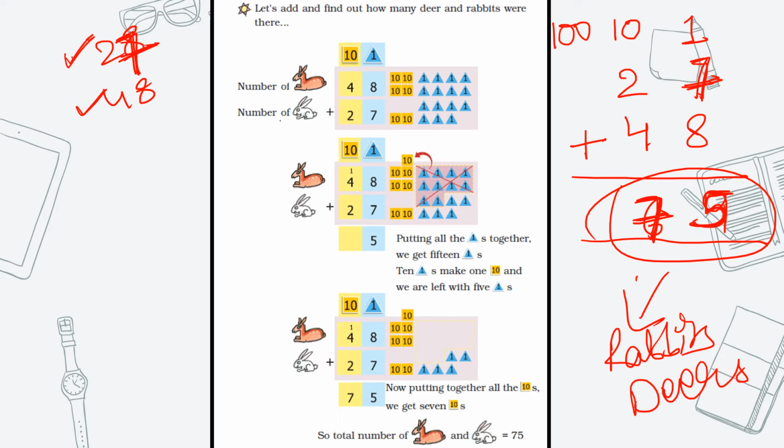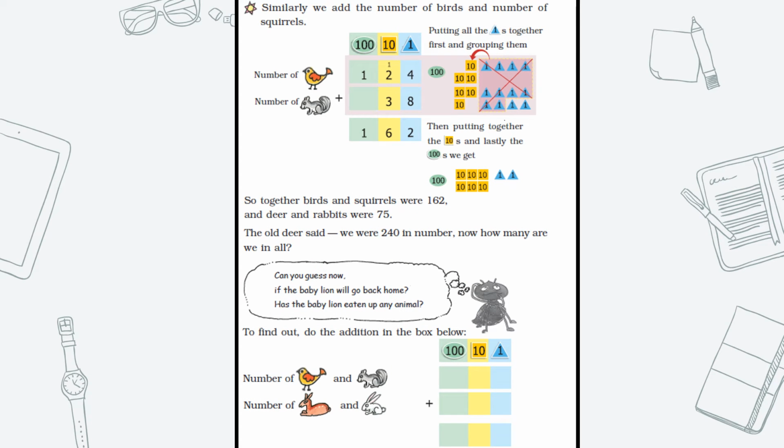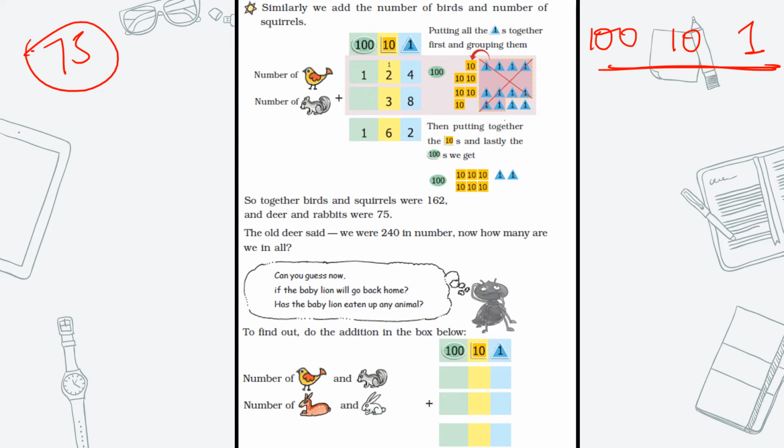Clear? Now, we have 75 of them. Now how many birds and rats do we have? Again, we will do the same, hundreds, tens and ones. This will make our calculation easy. So we have 124 birds. How many hundreds? 1.